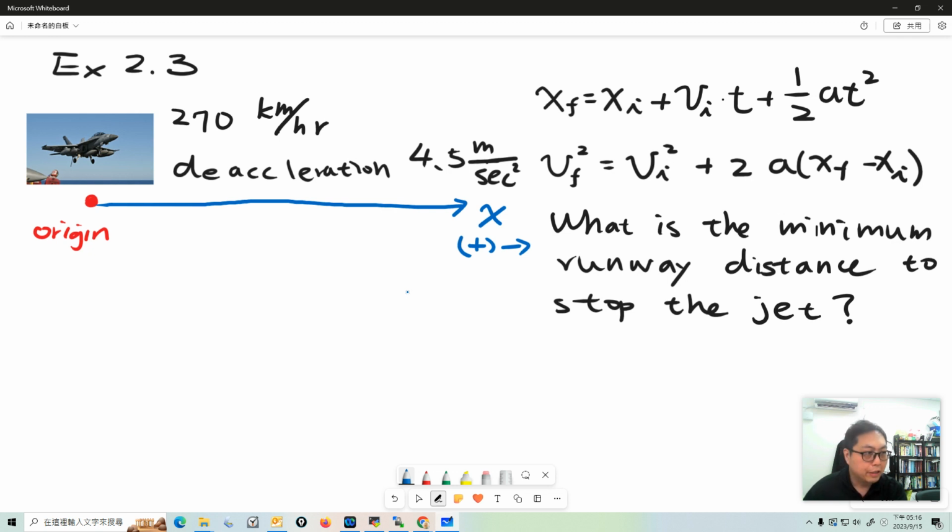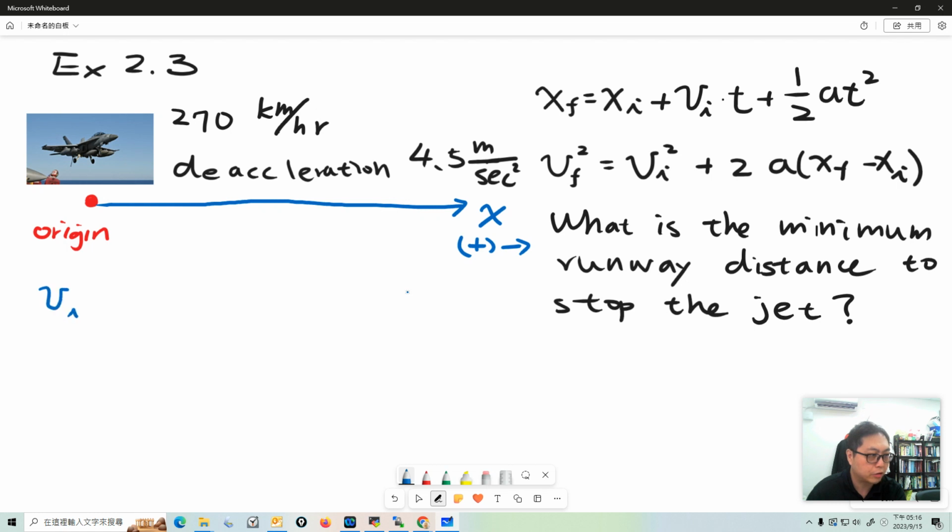What information do we have in the problem? It carried a speed of 270 kilometer per hour when landing. That's the initial velocity.